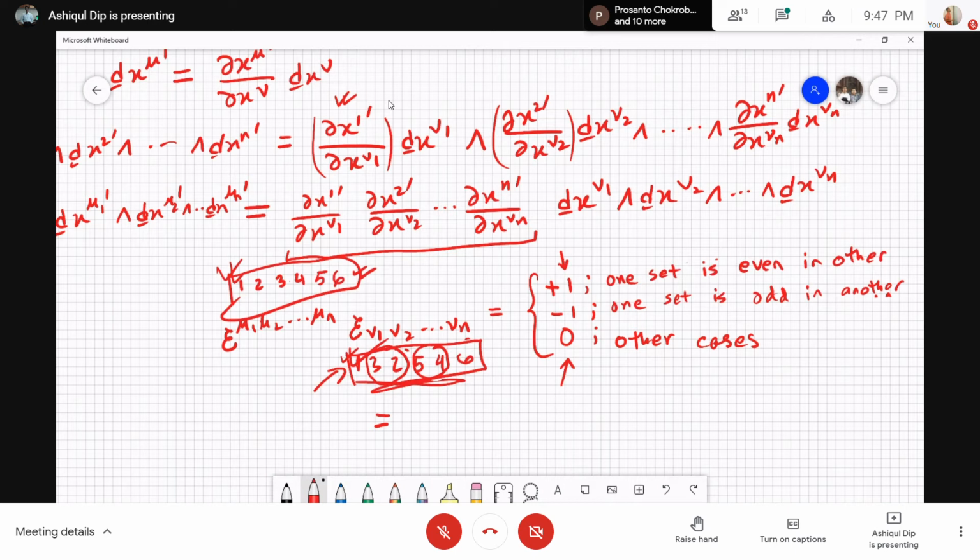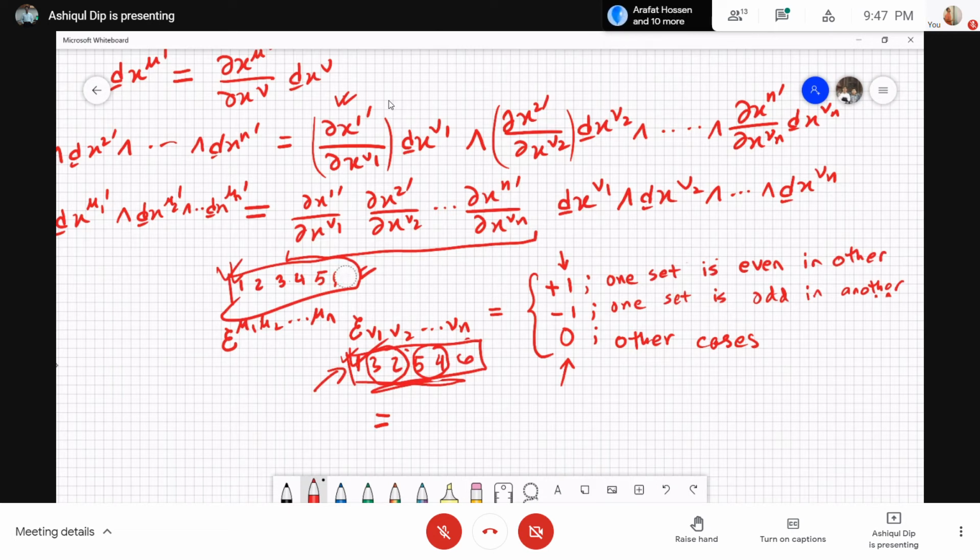So there could be cases when the number of indices do not match. Here we have 6 dimensions, so we cannot have more or less. If we were in 8 dimension, we could have more indices, right?